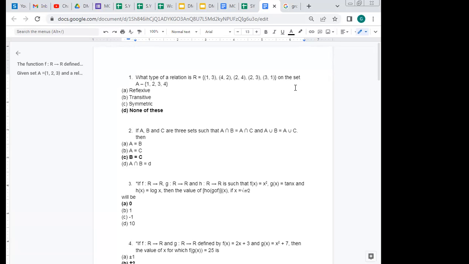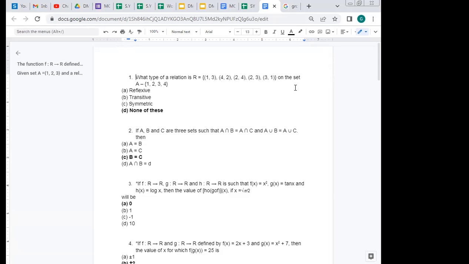Then the second one is: if A, B, C are three sets such that A intersection B equals A intersection C and A union B equals A union C, then what is there? A equals B, A equals C, B equals C, or A intersection B equals D. What is there?